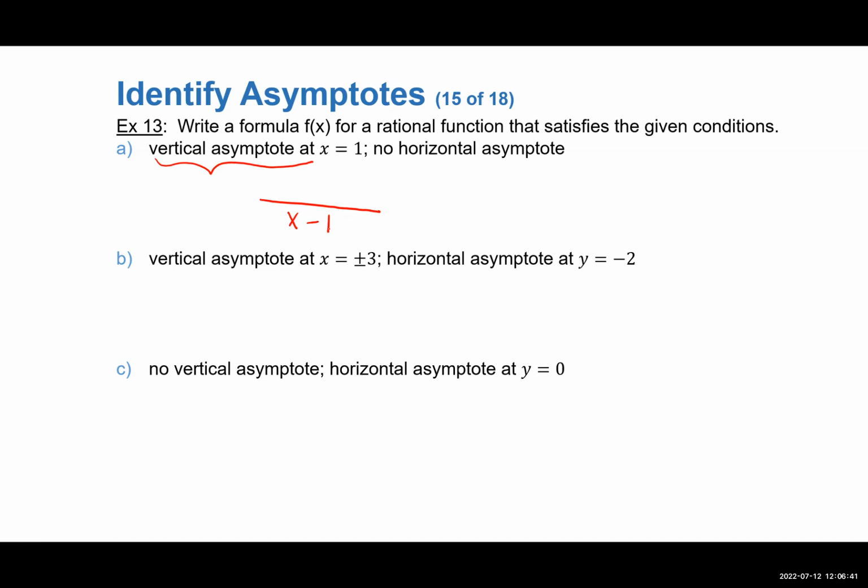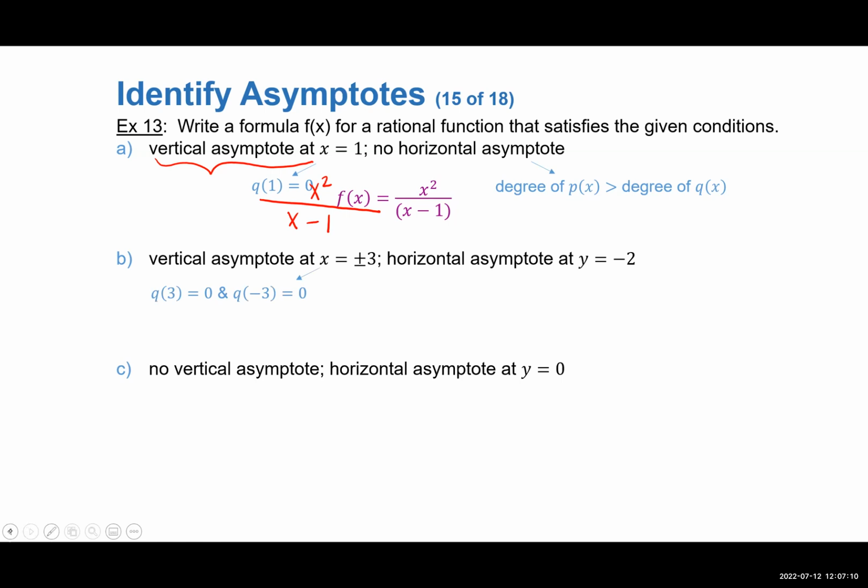And no horizontal asymptote means that it has to be top heavy. So I just make a numerator where the degree is higher. You could have anything at the top really, as long as the degree is higher.